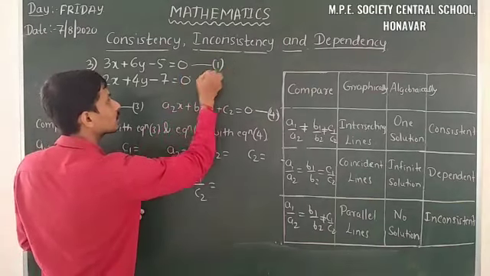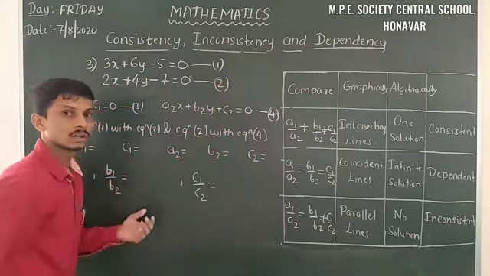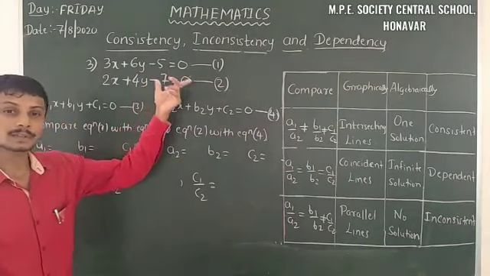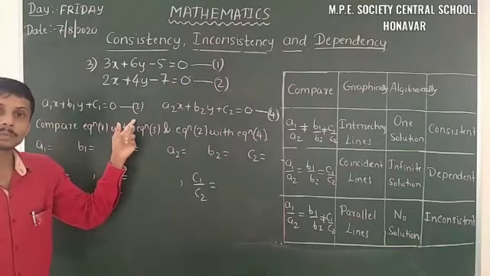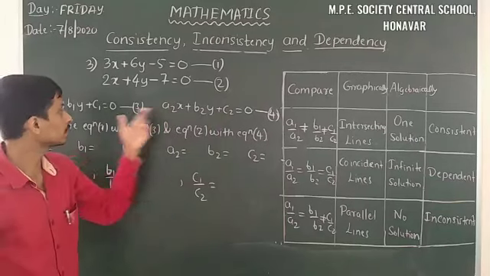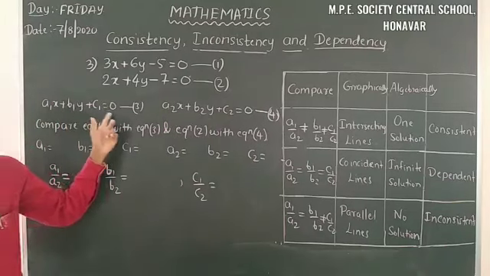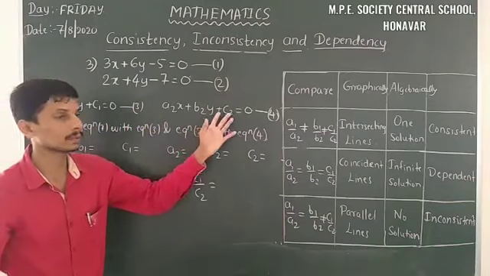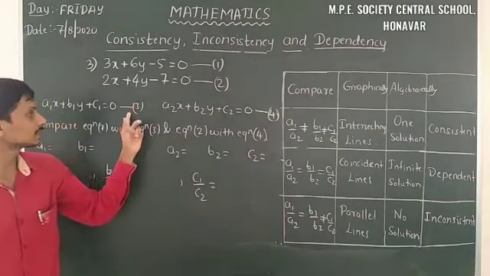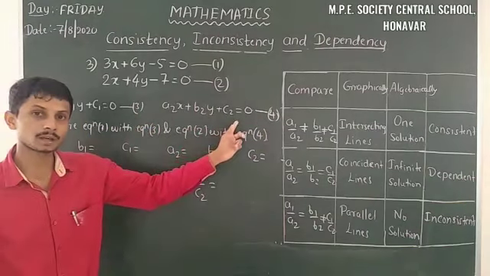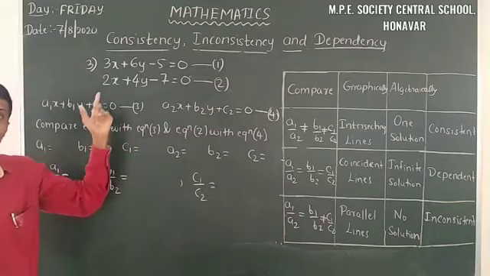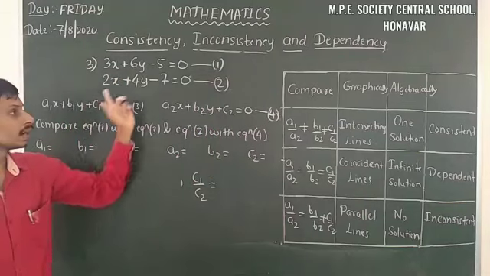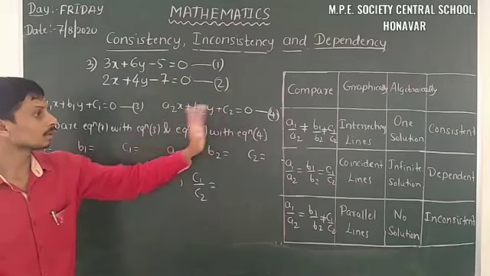Here I will take equation number 1 and equation number 2. After that we have to take the standard form of the pair of equations, a1x plus b1y plus c1 is equal to 0 and a2x plus b2y plus c2 is equal to 0. Equation number 3 and equation number 4. So after that we have to compare equation 1 with equation 3 and equation 2 with equation number 4.